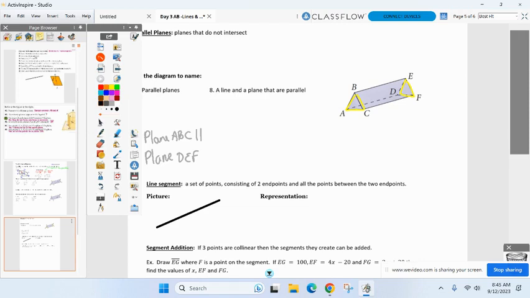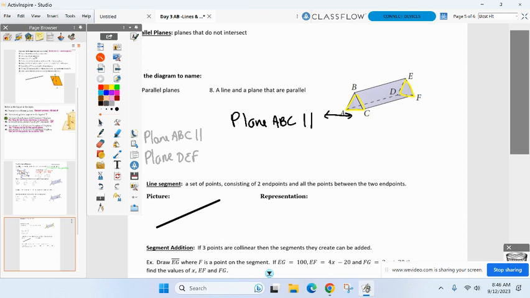Here's how. You take one of those planes. So let's take plane ABC. It will be parallel to any line in the plane that it's parallel to. All right, so remember, plane ABC was parallel to plane DEF. Pick any line in DEF, and it will be parallel to the other plane.